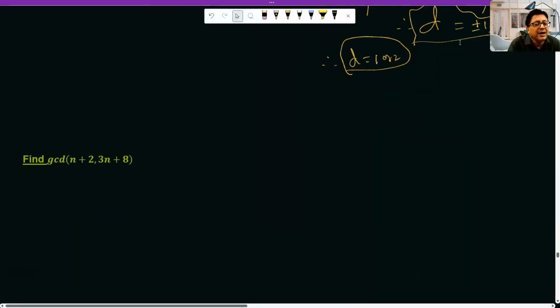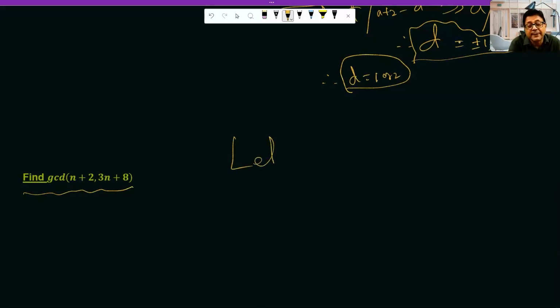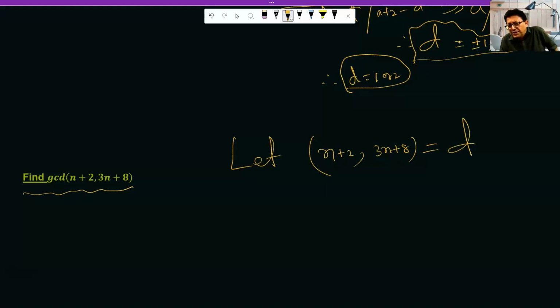Here, I will start in the same manner to find GCD of n plus 2 and 3n plus 8. You start this manner. Let GCD of this thing be equal to d. This you can assume. GCD of n plus 2 and 3n plus 8 is d.